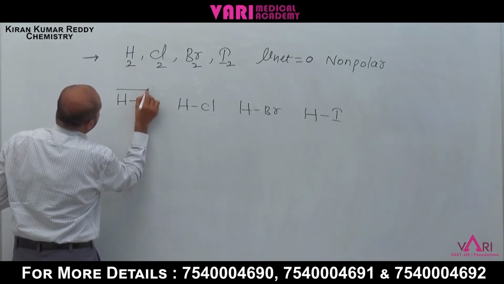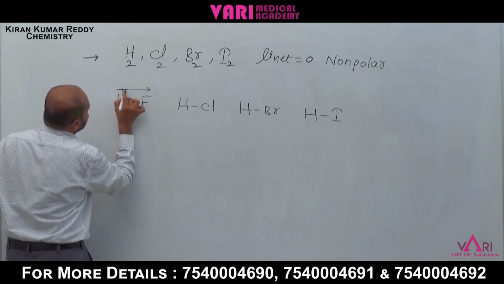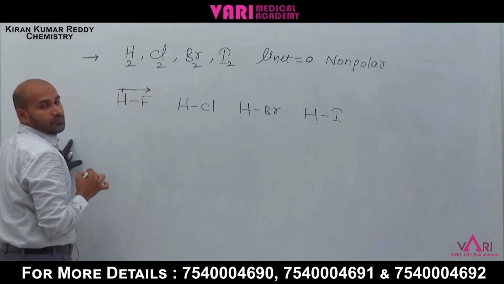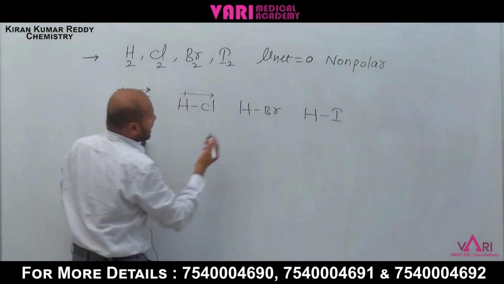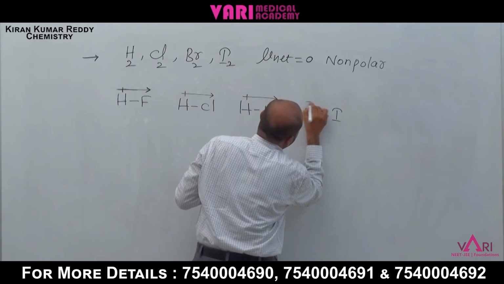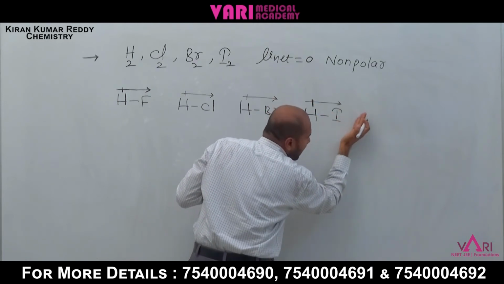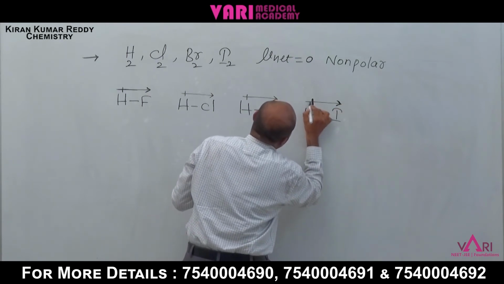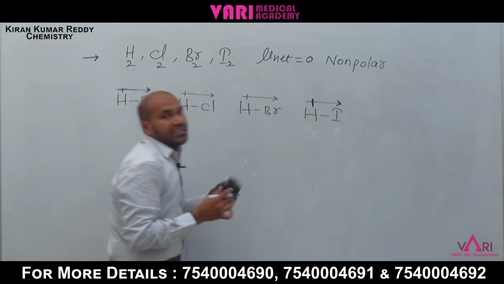Now we can write the dipole moment like this: the crossed arrow line is on the positive end, and the head is on the negative end. Similarly hydrogen to chlorine, hydrogen to bromine, hydrogen to iodine. More electronegative means head, less electronegative means cross line, from less electronegative to more electronegative.